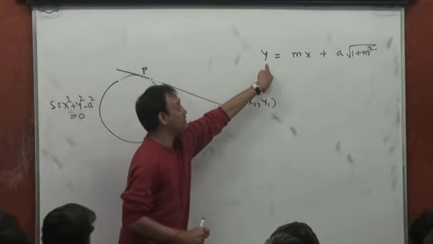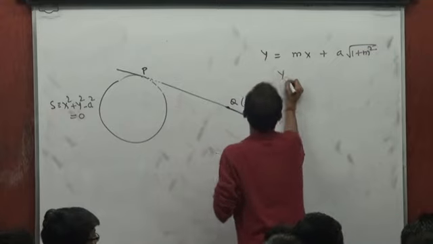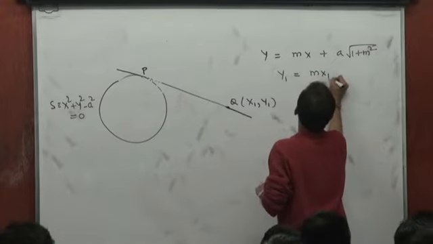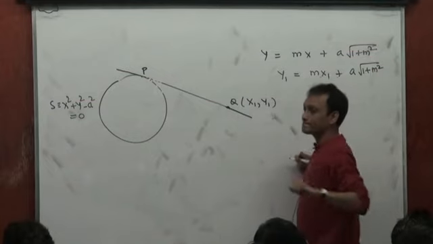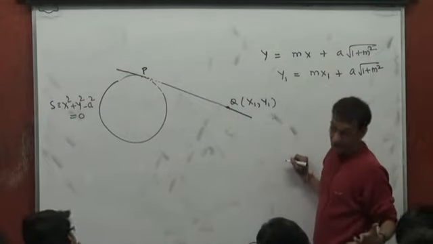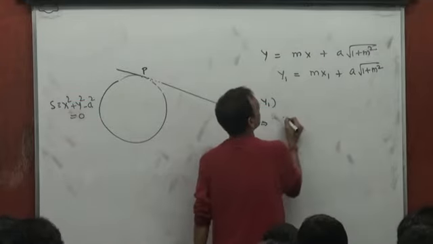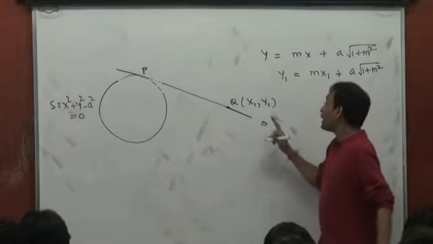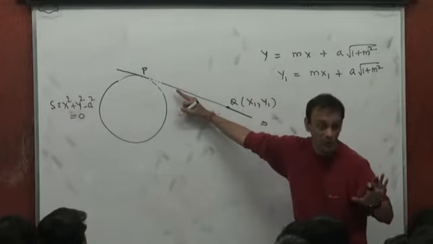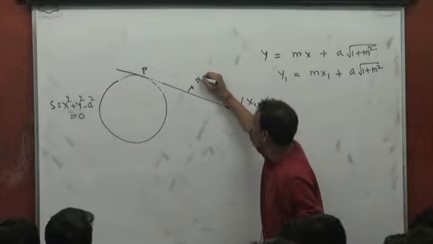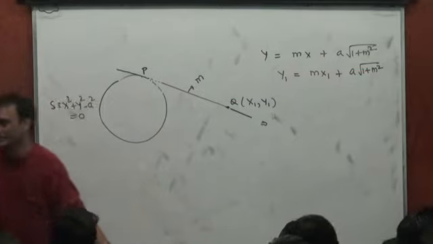So y1 is mx1 plus a root 1 plus m squared. x1, y1 satisfies this equation because it lies on the tangent, right? Where m is the slope of the tangent drawn from x1, y1 to the circle. Can I say this or not? Right?